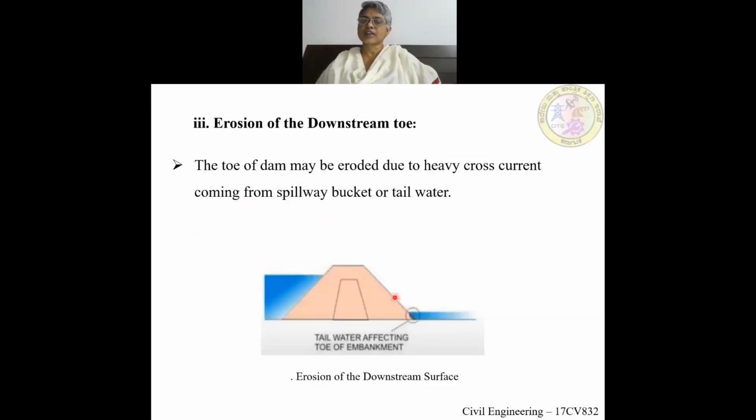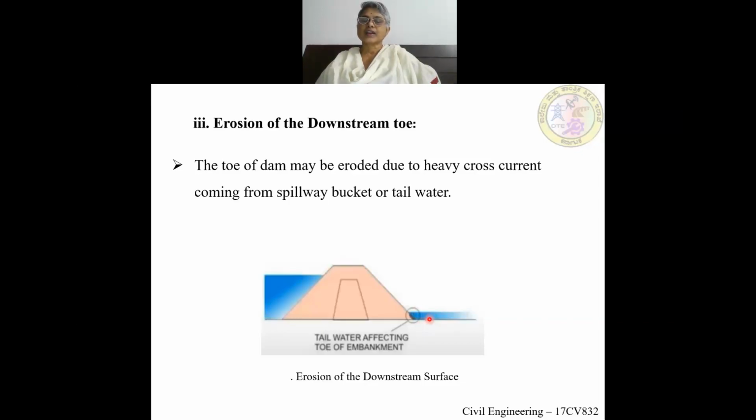When the excess water flows from the upstream to downstream side, there will be high velocity, because there is a gradient, a difference in height. When the water flows from a higher height to a lower height, there will be high velocity. There will be a lot of energy, and this energy will cause erosion here.